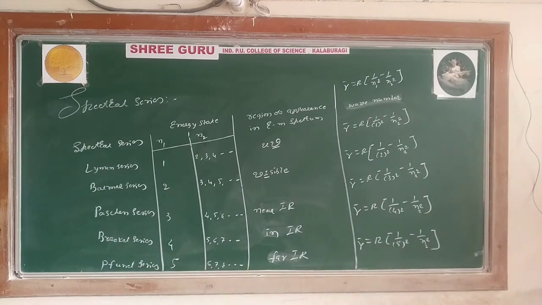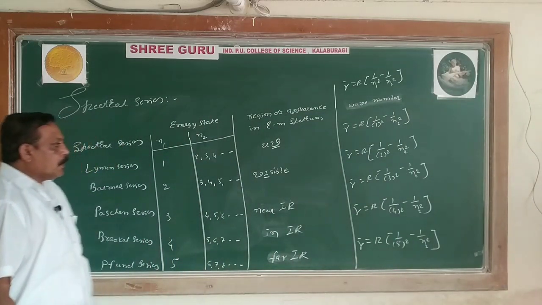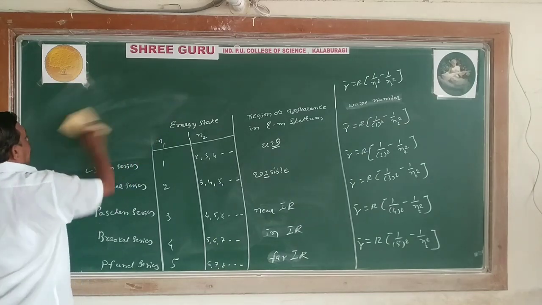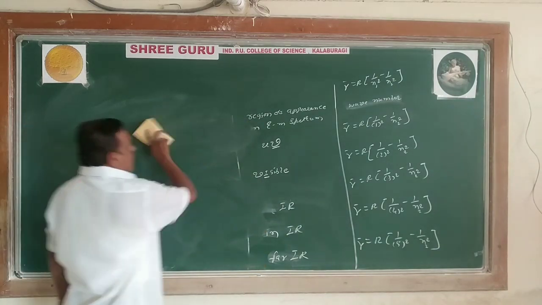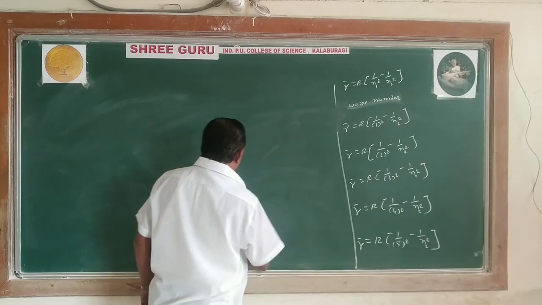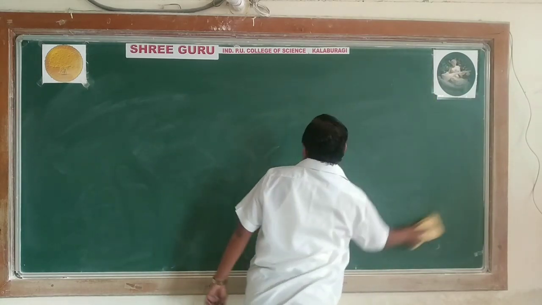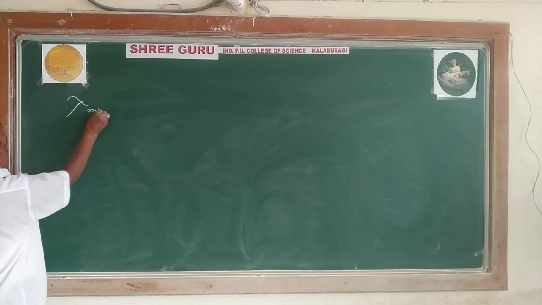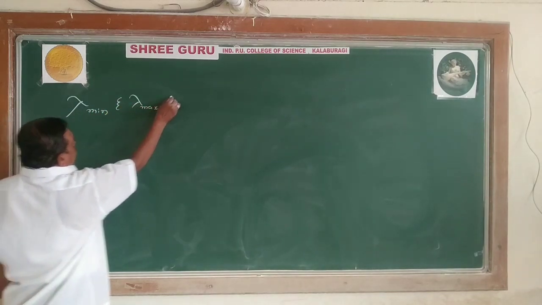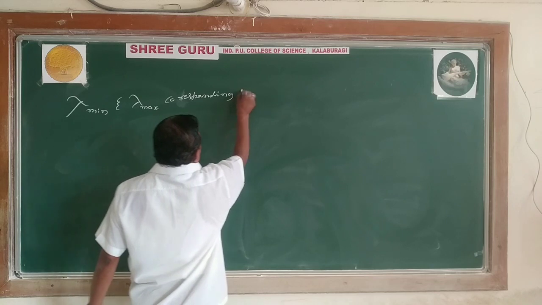The minimum and maximum wavelength, lambda minimum and lambda maximum, correspond to the spectral series.